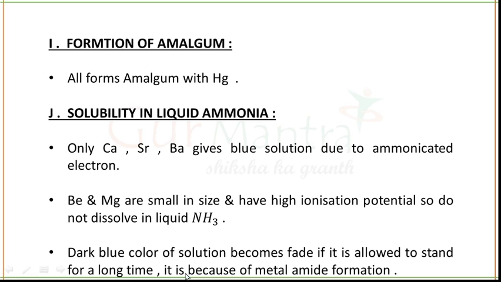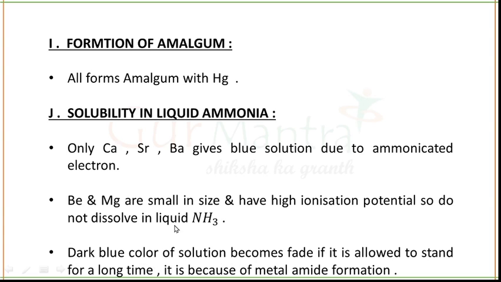Only calcium, strontium and barium give a blue colored solution due to the ammoniated electrons when dissolved in liquid ammonia. Beryllium and magnesium are small in size and have a high ionization potential, so they do not dissolve in liquid NH3. The dark blue color of the solution fades if it is allowed to stand for a long time.